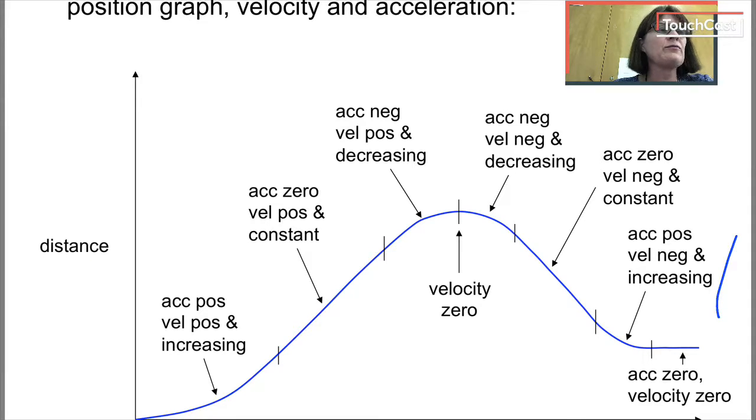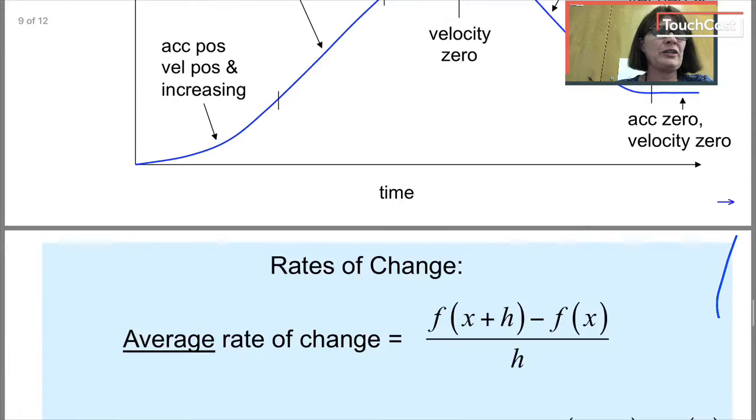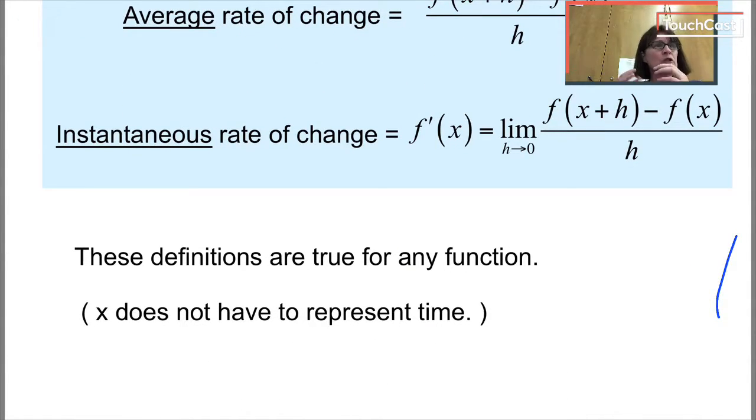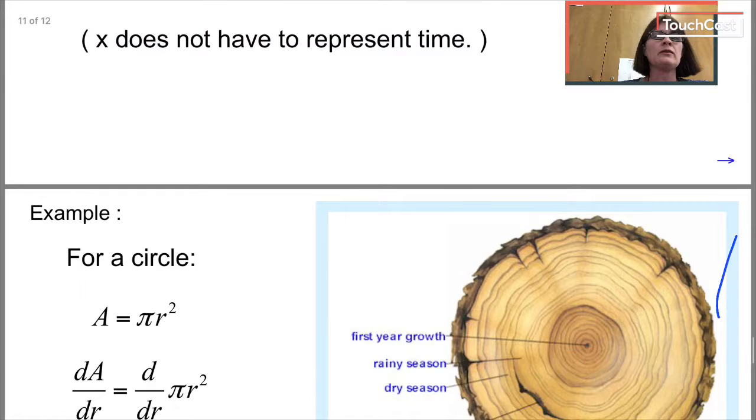We talked about position and acceleration and velocity. We can still talk about the rate of change of a function. It doesn't have to be that the input is time. There are other ways that functions change. They don't always change according to time. So let's look at this example from your handout.